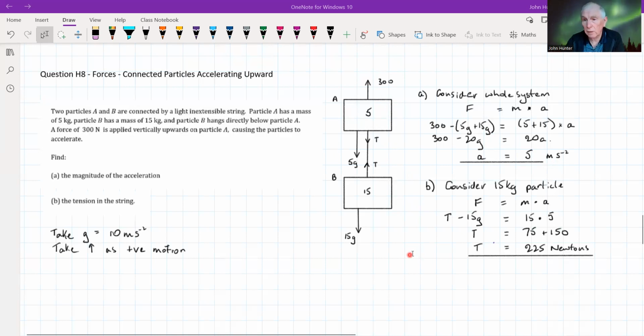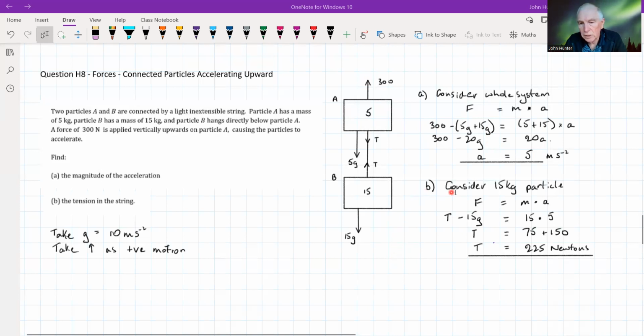This is quite typical of these questions, because the second part is the tension in the string. For this, we want to isolate one of these particles. In this case, it's probably easier to do B, and in general, if there's a chain of particles connected, it's usually the last one in the chain which is the easiest one to deal with.